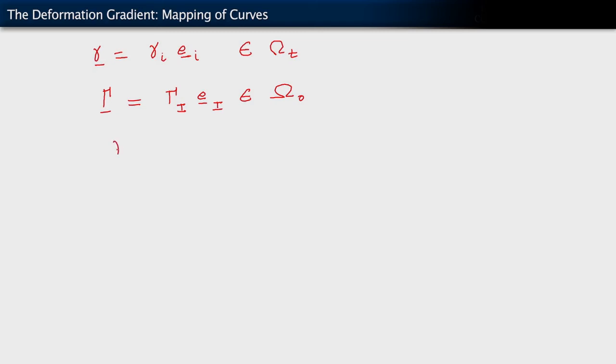It says that d gamma_i d lambda equals partial of phi_i with respect to X sub capital I, times d gamma capital I with respect to lambda, and I realize I forgot to put down a d gamma_i d lambda on the left hand side. Okay, there we go. Okay, this is coordinate notation.